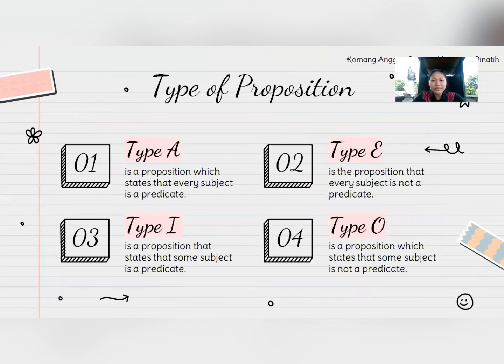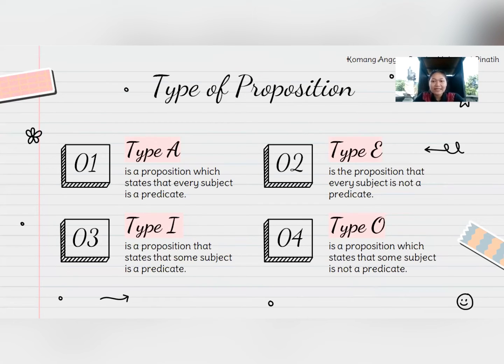Types of proposition. There are four types of proposition: type A, type E, type I, and type O. First is type A. Type A is a proposition which states that every subject is a predicate.